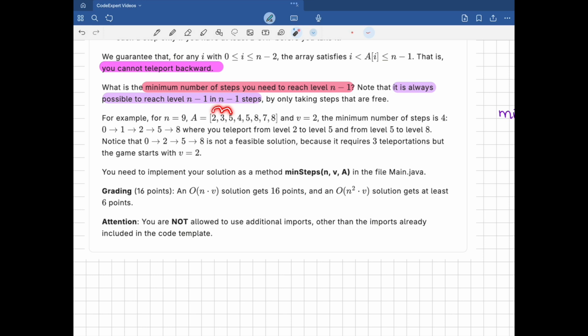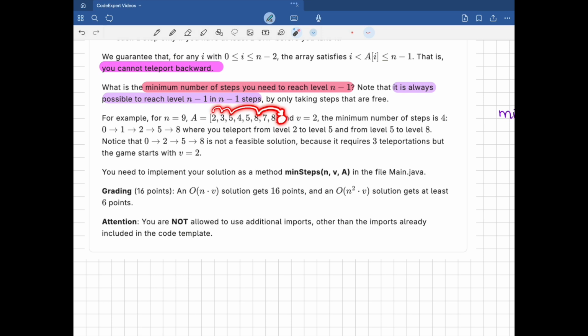Then it goes to level 5, it has to pay here. The v is now 1. And then from that, it goes to level 8, which is like here. It's not here because this is the A array, not the levels array. So we reach here.